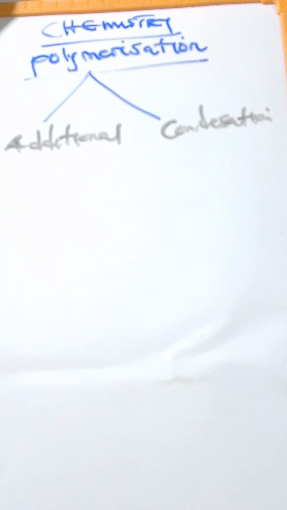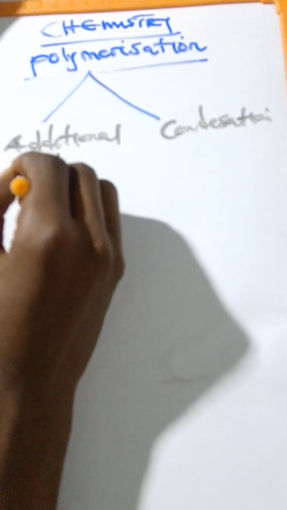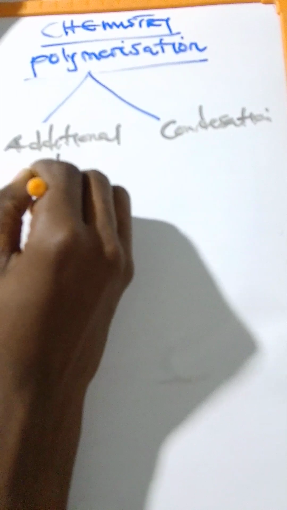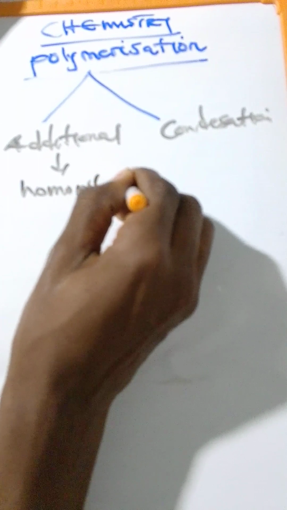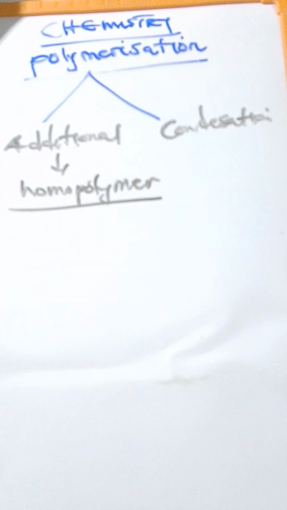So today I'm going to focus mostly on addition polymerization. Addition polymerization can also be categorized as homopolymer. It is also called homopolymer.